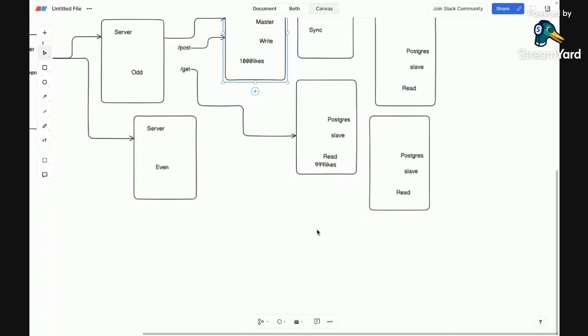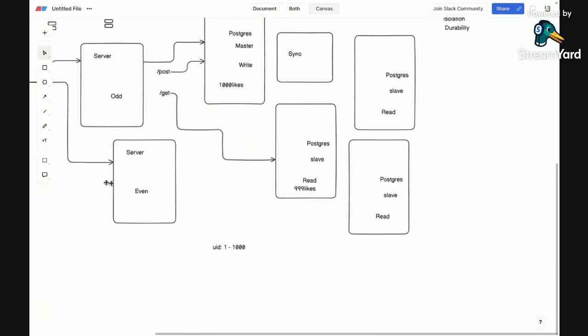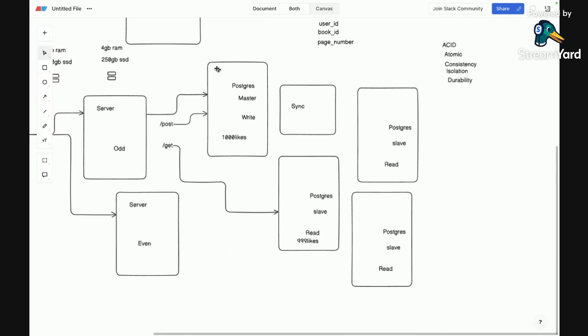But there's another method of managing the database from crashing: splitting the data. You can say UID from 1 to 1000 will be stored here. Imagine you're building an application where writes are too much, then this won't work, right? This can't handle that. Here it is working because it's read intensive, but what if it is write intensive?